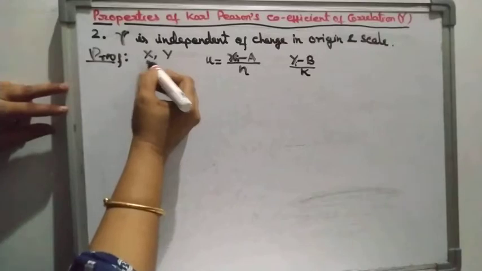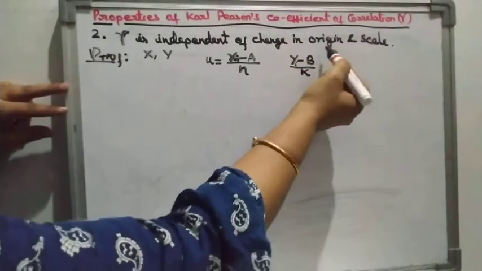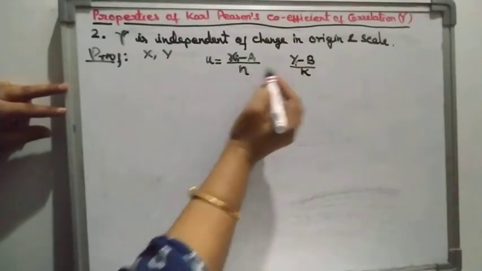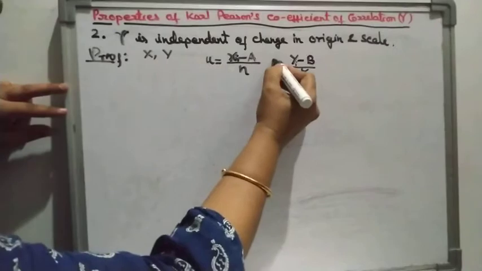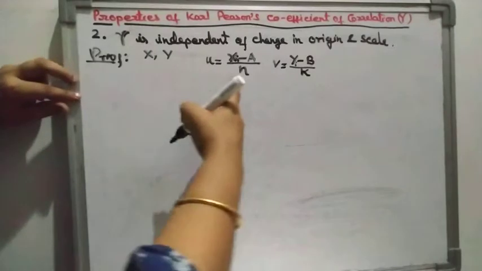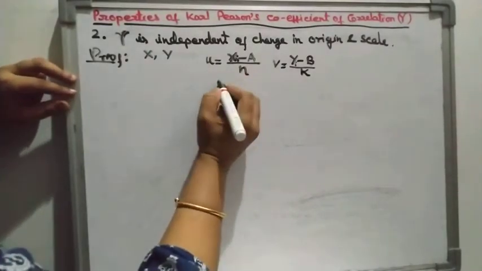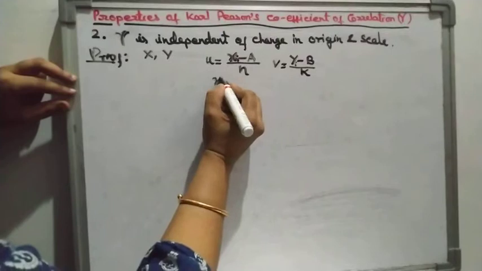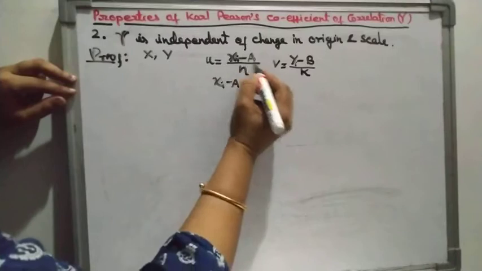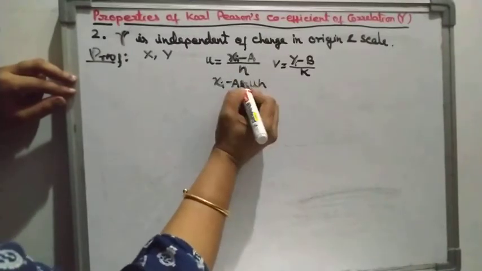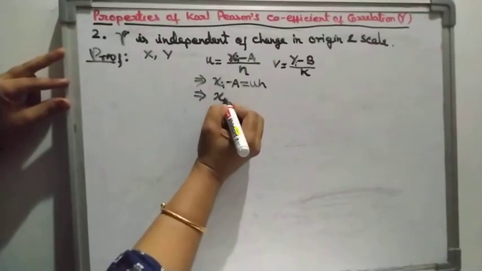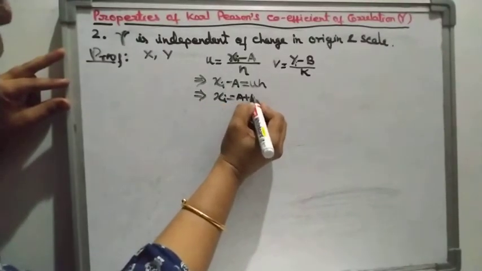Okay. So this is your original variable, we applied here, that means we changed the origin and scale of both the variables. So we will get it in the new variable form u and v. Now from this u we get xi minus a, okay, is equal to, we can write it in this way: xi is equal to a plus uh.